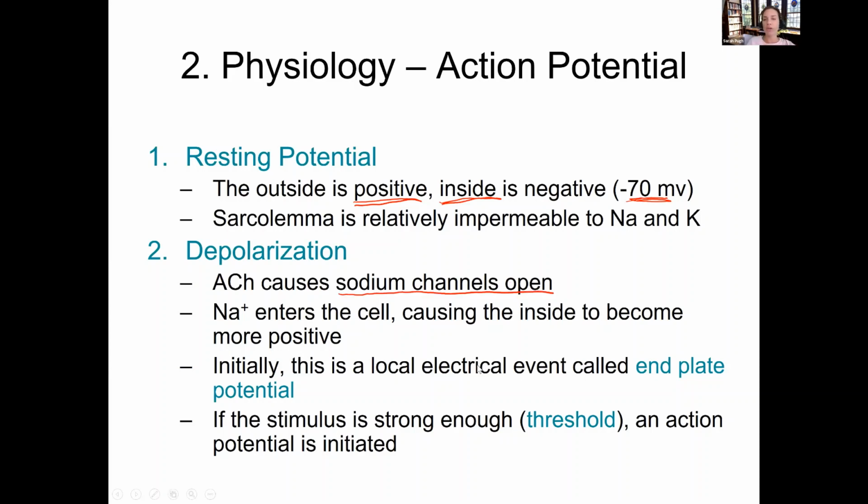Okay, so I'll walk you through this and then I'll go to the whiteboard. If we think about where we find sodium, remember I just did that drawing for you and I told you there's more sodium outside the cell. Well, if you open a sodium channel, again, think of diffusion. It's a passive process, no energy needed. Sodium is always going to travel from high to low.